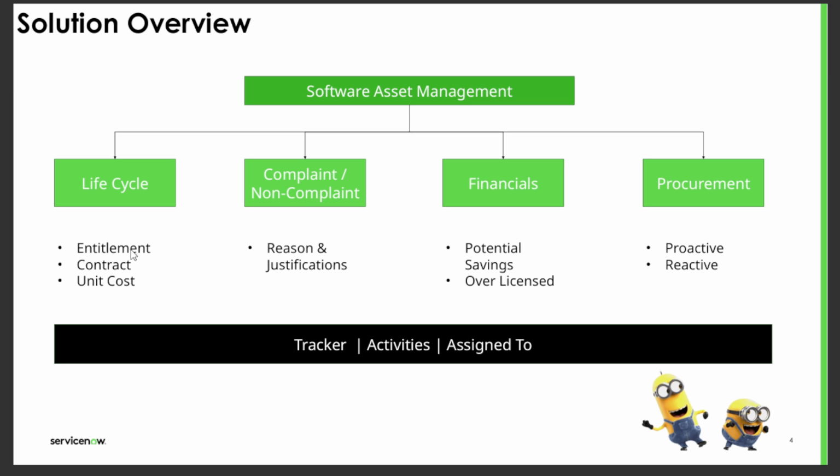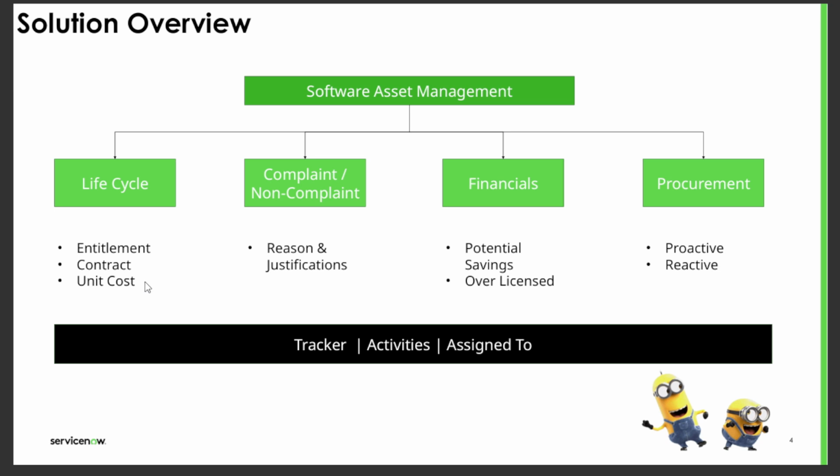Additionally, the contract is also a main concept here. The contract helps us understand when it starts and when it is going to end, and you can get that information via the entitlement table. Additionally, the unit cost helps support how much of the license is utilized.